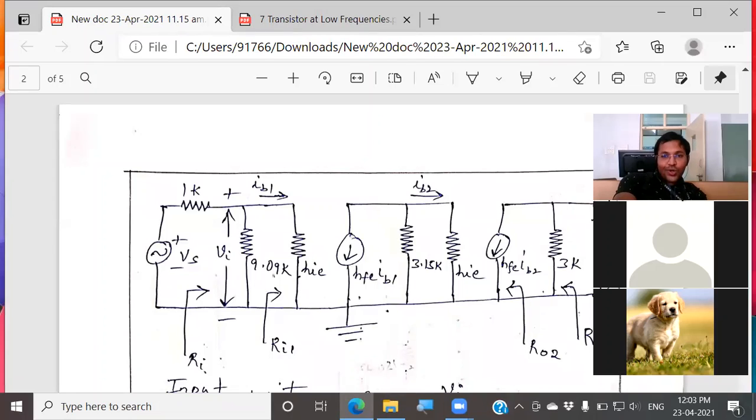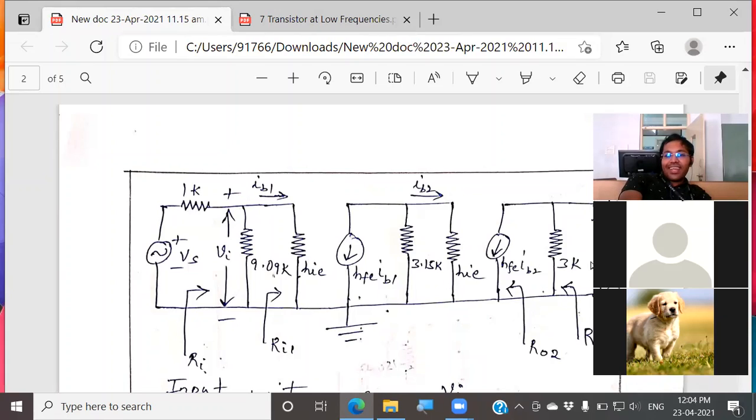So overall I can get V0 in terms of Ib1. Again, at the input side, I can get Vi in terms of Ib1. So just look at the circuit first, visualize, then go for the solution.